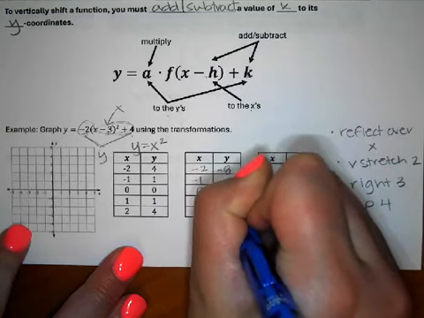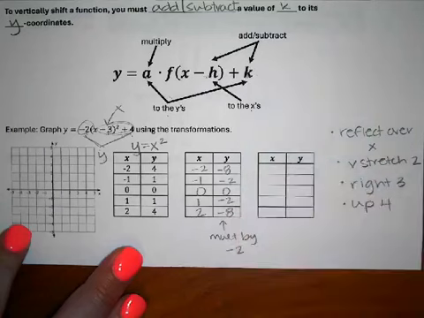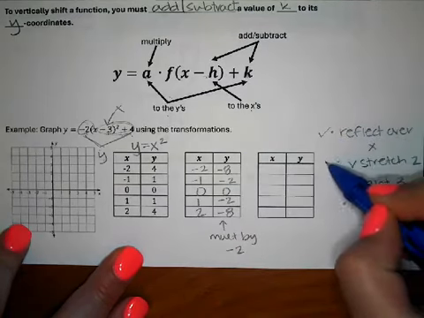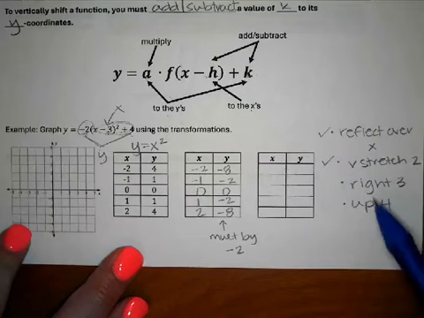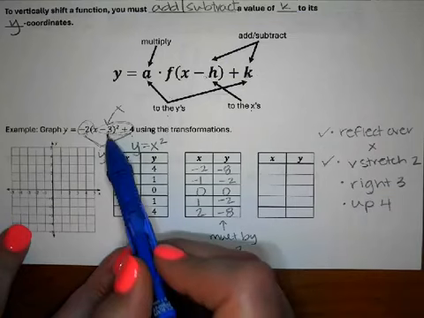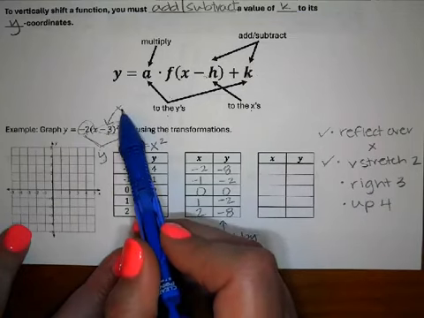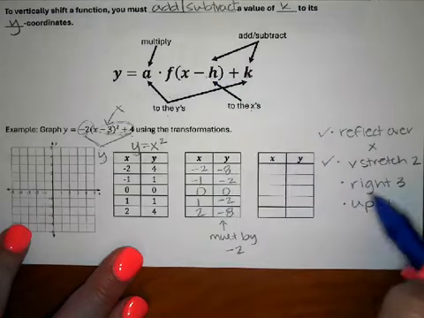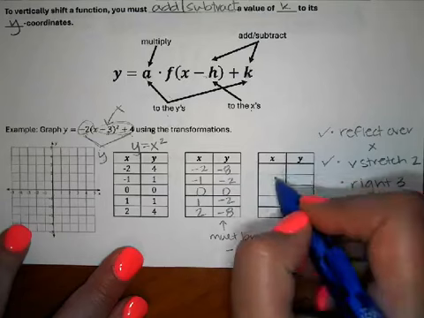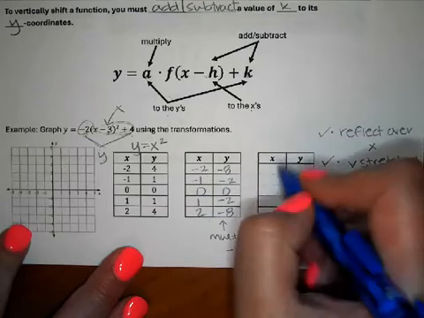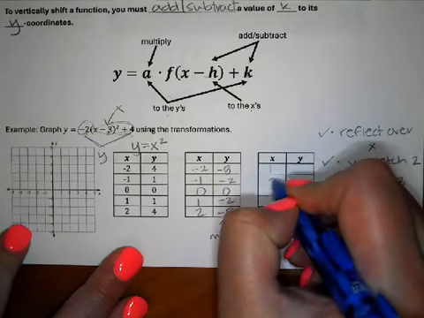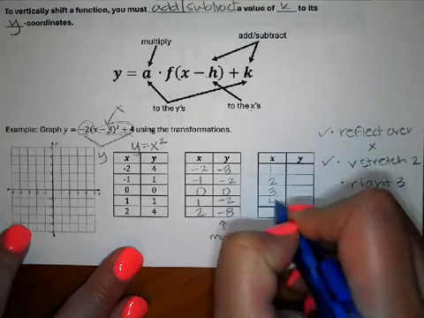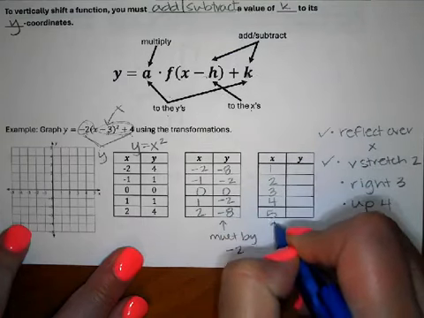Okay? Next, I've got this transformation done and this transformation done. Next, I have that the graph is going to shift to the right 3. So that's the +3. It happens to the x coordinate, and it is a change that you do by adding or subtracting. So shifting to the right 3 means I'm going to take all my x coordinates and add 3. So 1, 2, 3, 4, 5. And I did add 3.